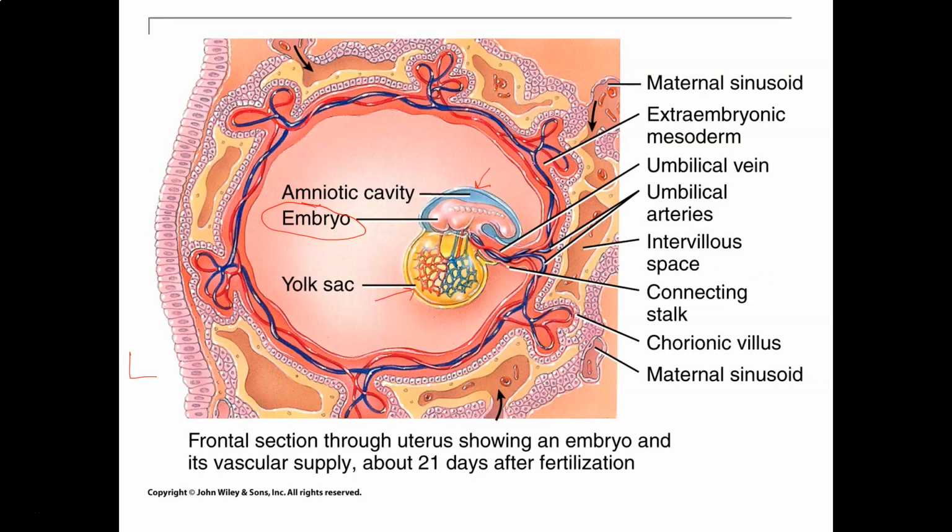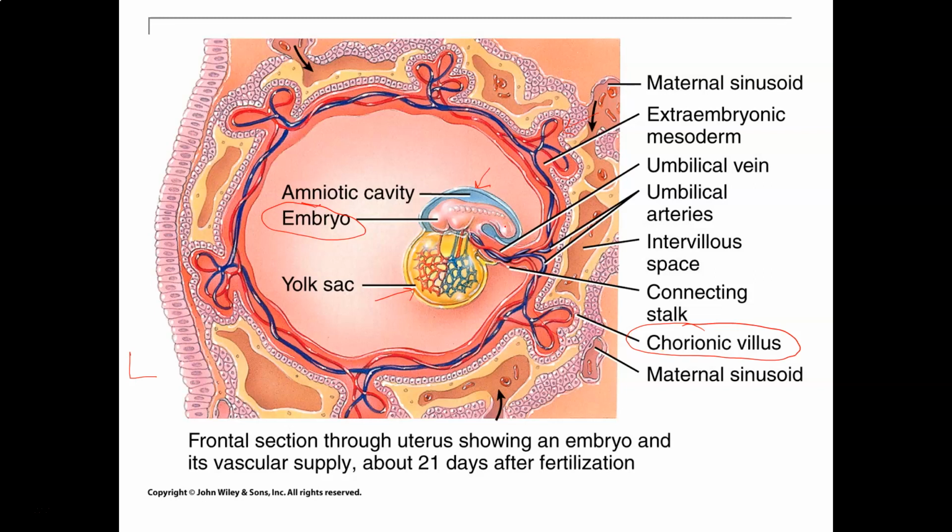And then out here on the edge, on the periphery, we see these structures called chorionic villi. You remember that term, villi, from the digestive system, finger-like extensions. So these are finger-like extensions of the outer layer of the blastocyst, and we call it the chorion.